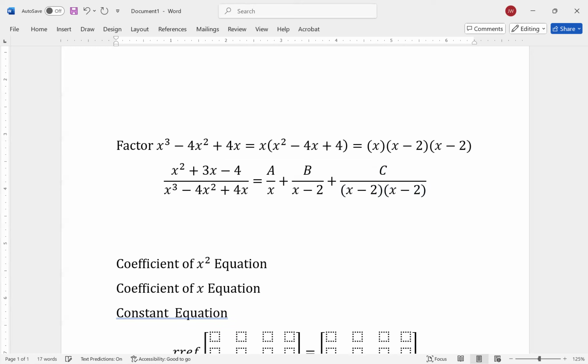You don't have to put them in that order, but you need all three of these.